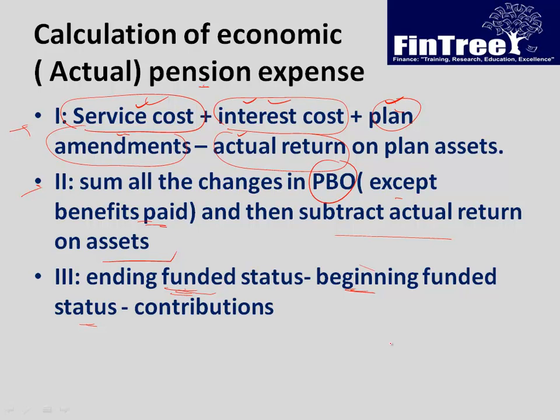The difference of the two assets is made of actual return on assets and the contributions made, and the difference of two liabilities is made of all those things which are part of my economic cost. So in this formula, I anyways have the differences of my two liabilities, which is my cost. I have the differences of two assets, which is my actual return and contribution. I just adjust for contribution. So automatically it would give me the same thing.